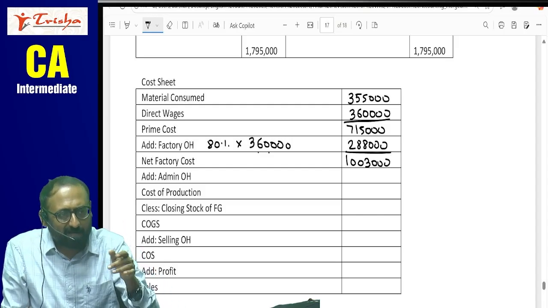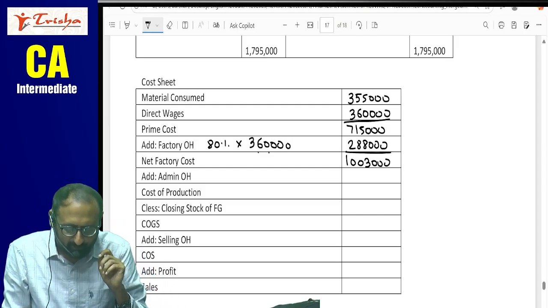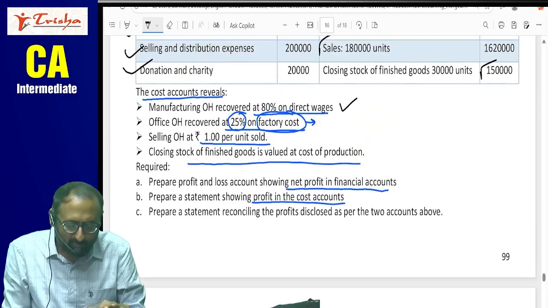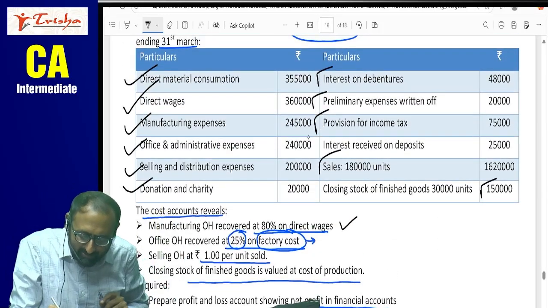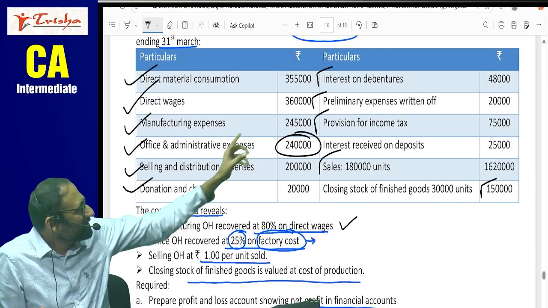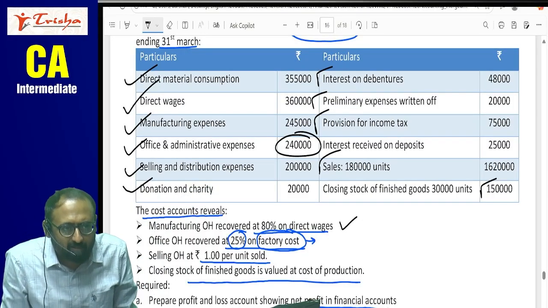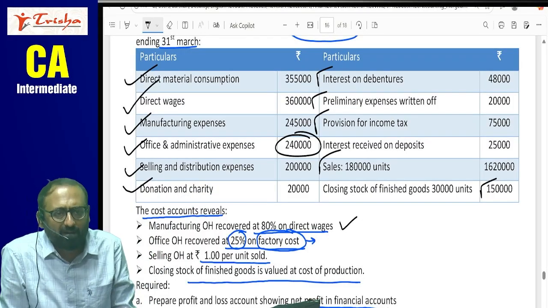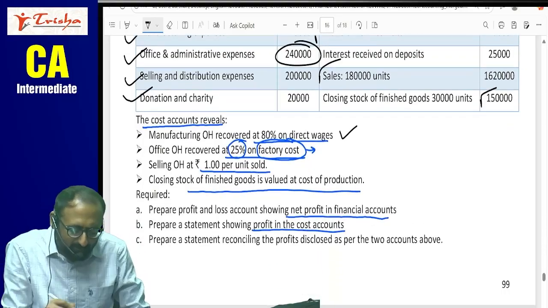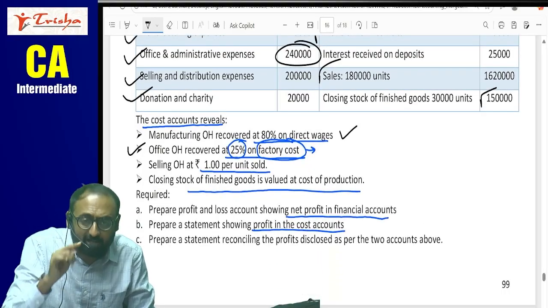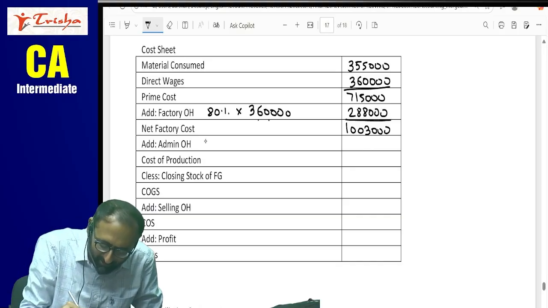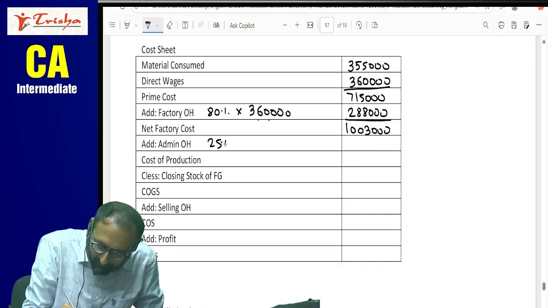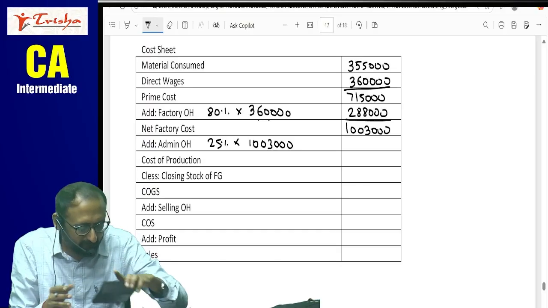Then I'll add administration overhead here. Sir, how much is the administration overhead? Sir, please don't add this 2,40,000 as administration overhead. This information is of the finance. Under costing, check what is the rate of administration overhead. The rate will be 25% of the factory cost. So, sir, 25% of the factory cost, 10,03,000 multiplied by 25%.